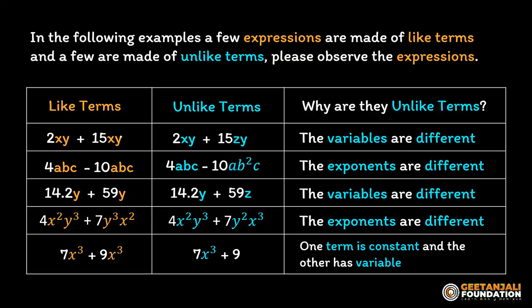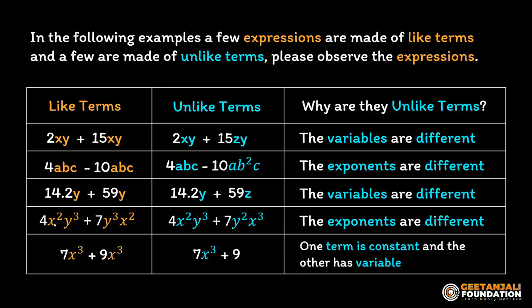This expression is formed by 2xy and 15xy. We see this xy and this xy. So these are two like terms. So this expression is made up of like terms. Same here, ABC and minus 10ABC. So this expression is made of like terms. Here also same variables, like terms.